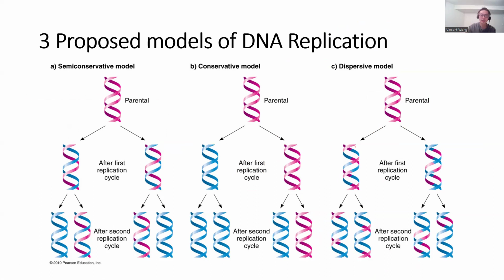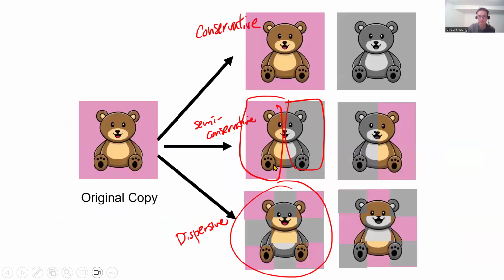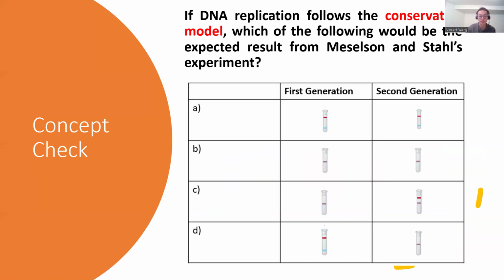For another generation, you would see a band at the top again that represents N14, N14, and a band at the bottom that came from the original. So you will see two bands in both generation 1 and generation 2. The correct answer would be A.